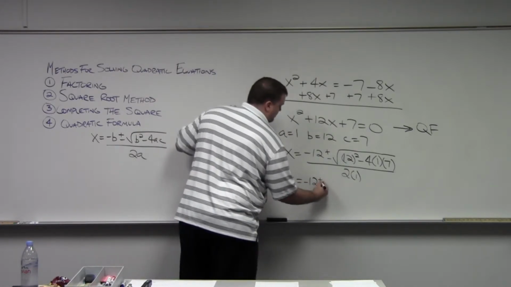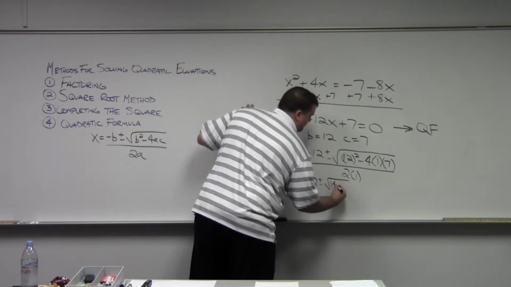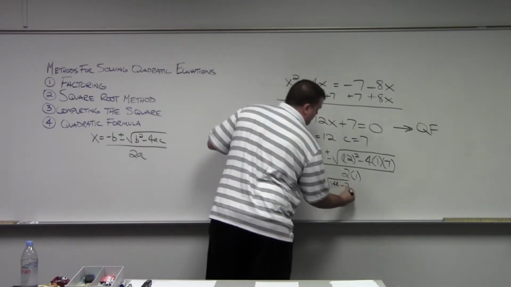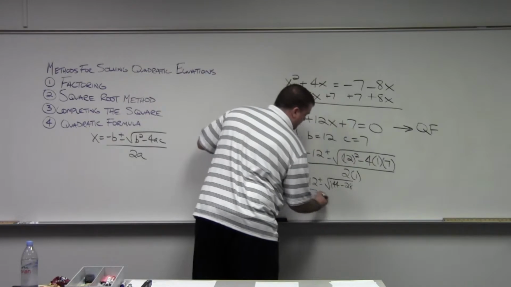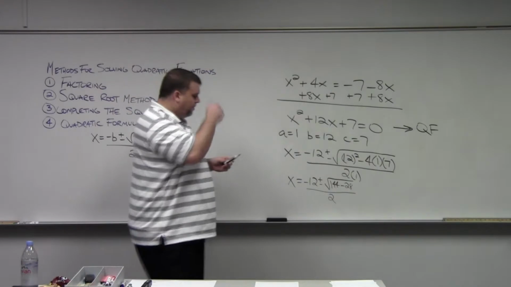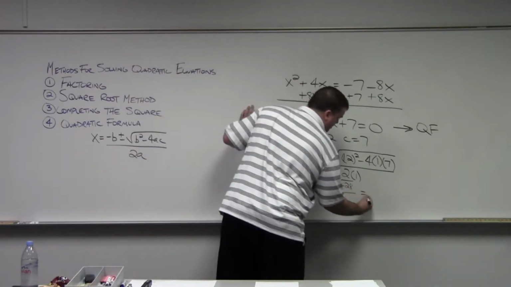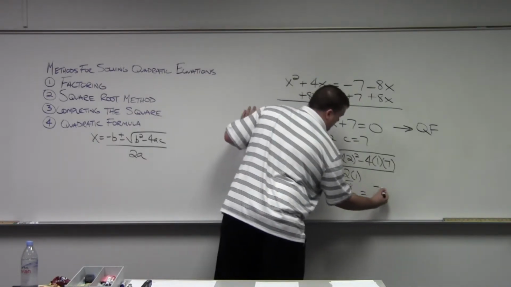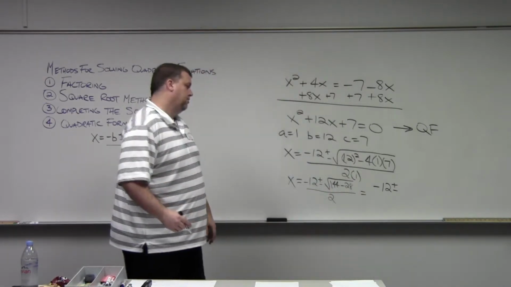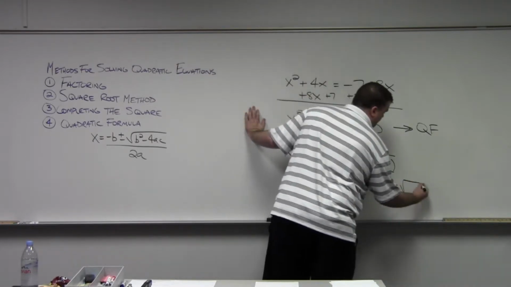Negative 12 plus or minus the square root of 12 squared, which is 144, minus 4 times 1 times 7, 28. That's all over 2. 144 minus 28 is 116.